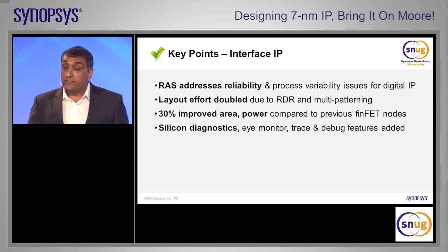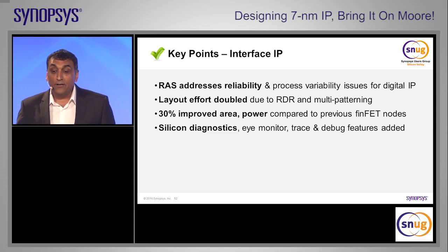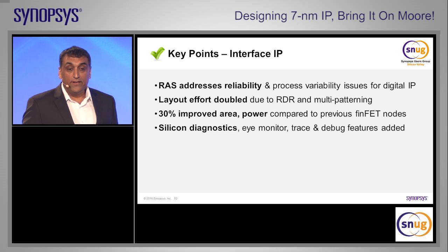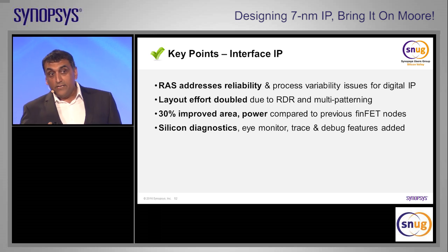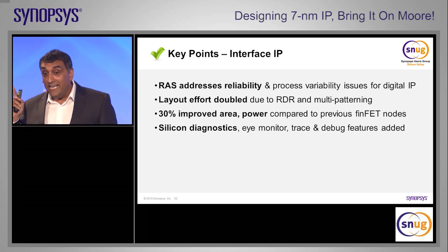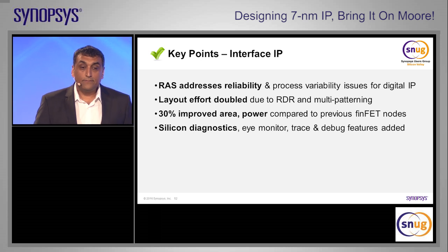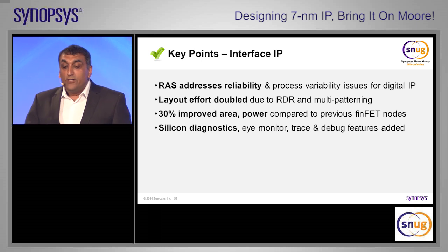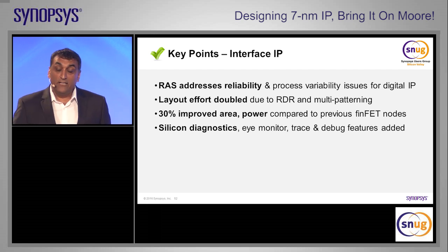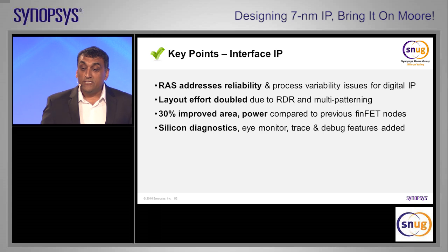There has been an improvement in power and area compared to previous FinFET nodes. Most of that improvement has come through architectural changes in the IP. Finally, you can see that we've used the opportunity to add more to the IP, like silicon diagnostics, eye monitors, trace and debug.